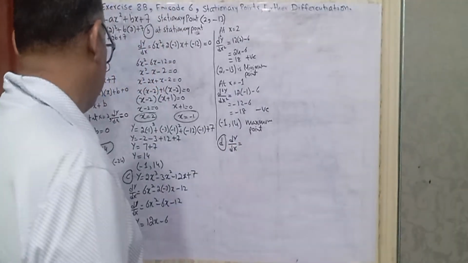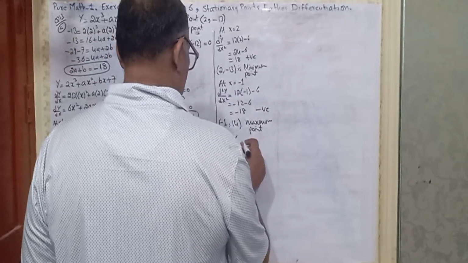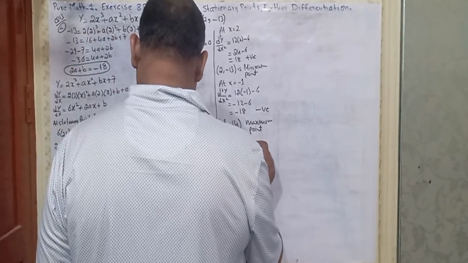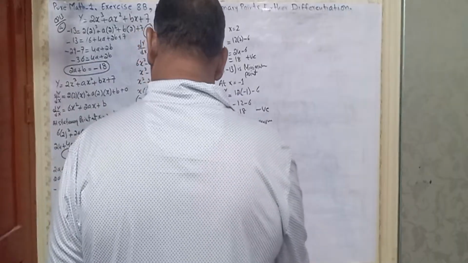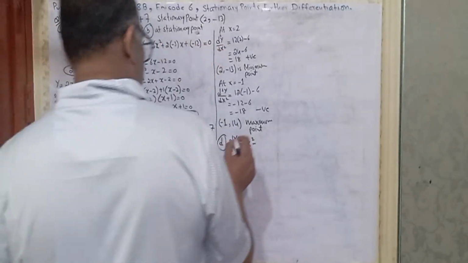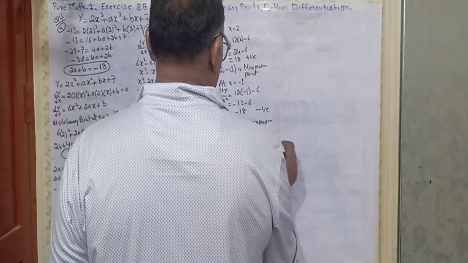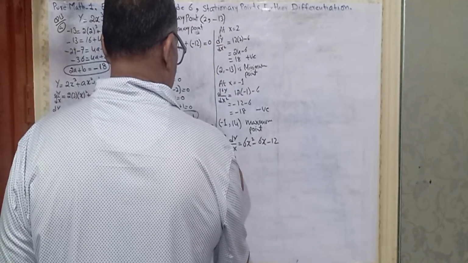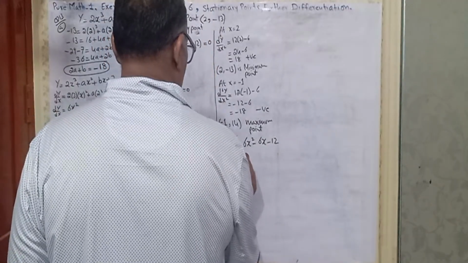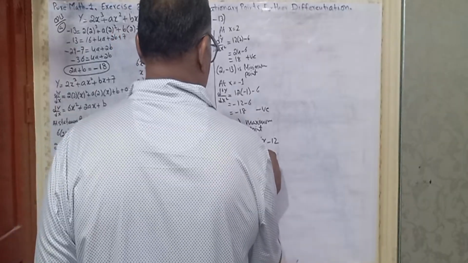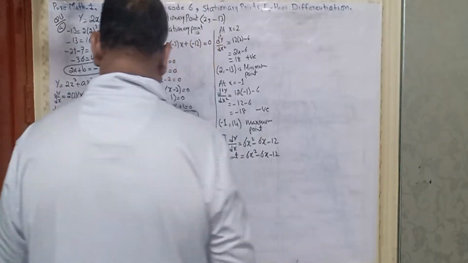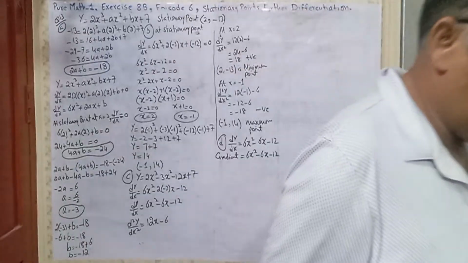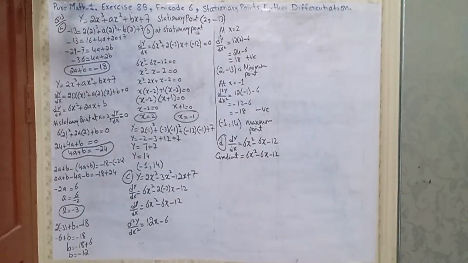Basically dy by dx is equal to 6x square minus 6x and minus 12. So this is representing the gradient of that curve. The gradient of that curve is represented by this dy by dx, and that is 6x square minus 6x minus 12.